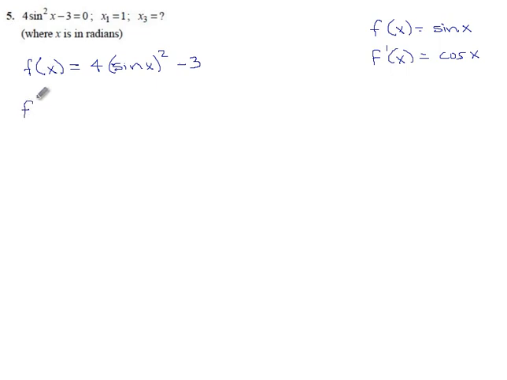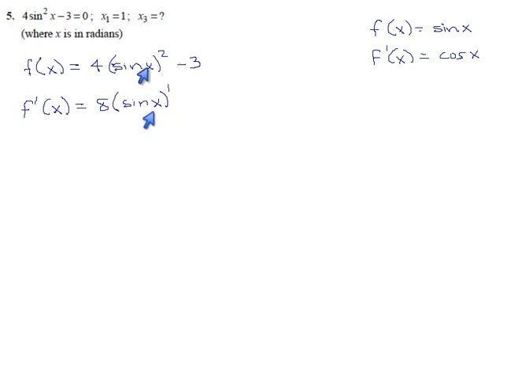And now if you're doing its derivative, at the outermost level, this is a square. And so when you do the derivative, the first thing that happens is you do 2 times 4 is 8 sine x to the 1. It's just like if you had 4x squared, you'd write 8x to the 1.